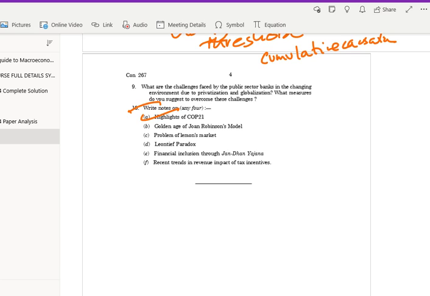Then you give different points, even any four you can do, but you have to give everything. Here also, try to give an overview: COP21, the 21st Conference of the Parties to the UN Framework Convention on Climate Change, took place in Paris from November 13. Then you give the Paris Agreement, what the objective was, then you mention something, then you give the key outcomes, and accordingly you do. So in this way we have to attempt the questions and the answers, okay.